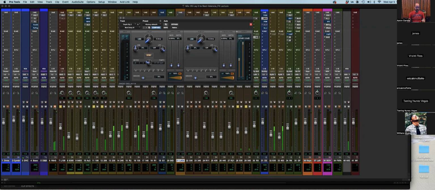Let's hear it with the instruments. Notice that now it's set apart from it versus flat, two-dimensional.